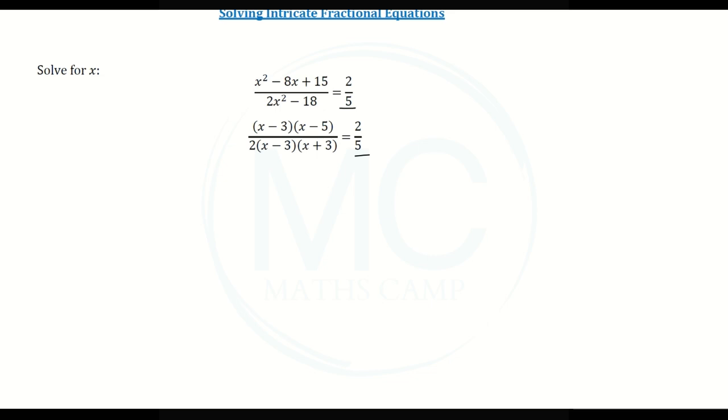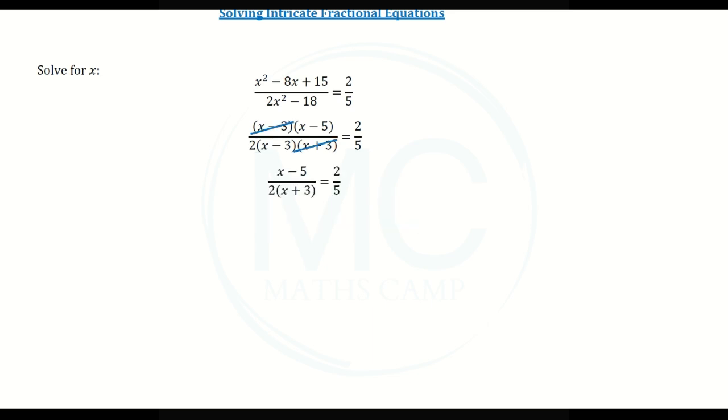Now we can cancel because we've got x minus 3 here and x minus 3 there. So these brackets will cancel and we'll be left with x minus 5 over 2 multiplied by the bracket x plus 3 is equal to 2/5.